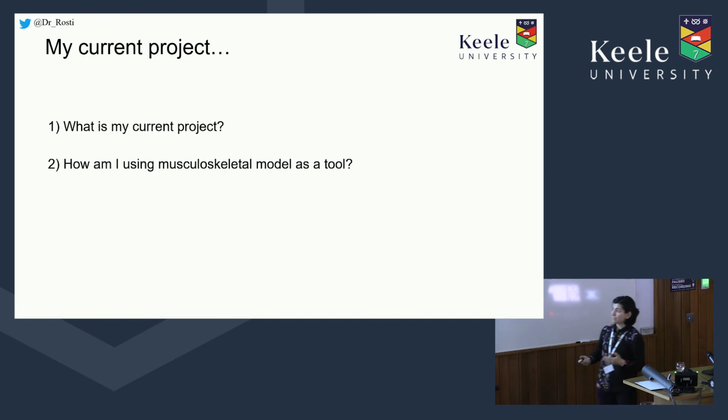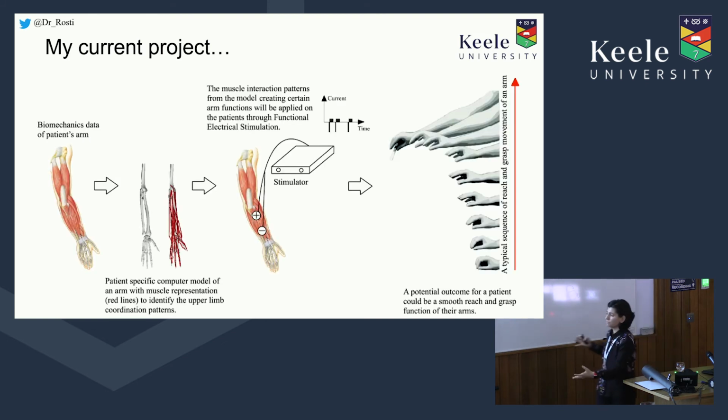So, what is my current project, and how am I going to use the musculoskeletal model that I've just described? Overall, this is defining the whole project, but I'm not involved in all of it. Some parts are being delivered by my co-PI, who's currently in Aberdeen. But I am involved in creating the musculoskeletal model and making a personalized model for each individual patient, and then using this information to optimize the use of an existing device.